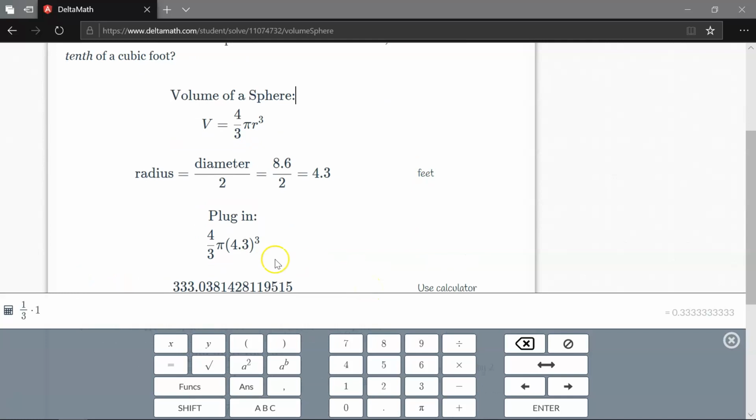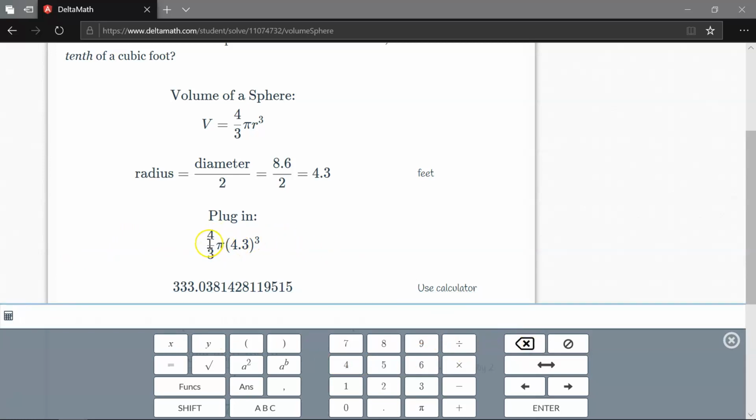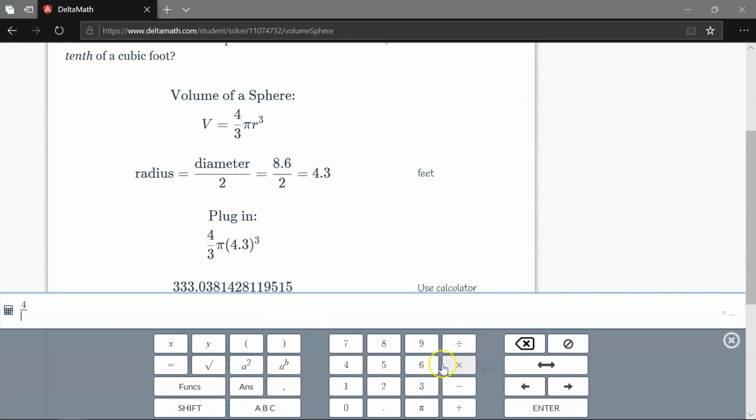But before we do that, let's make sure we know how to get this thing in our calculator. I'm literally going to type it in just like it says, 4 divided by 3, and then look over here, it puts it in fraction form. Press my arrow to the right to get up here beside my fraction, times pi, and then I have to multiply that by 4.3 cubed.